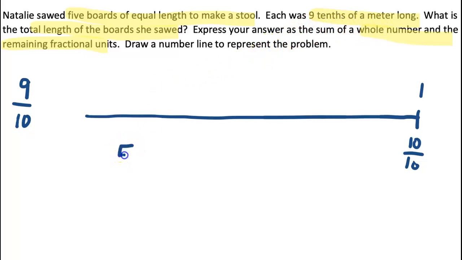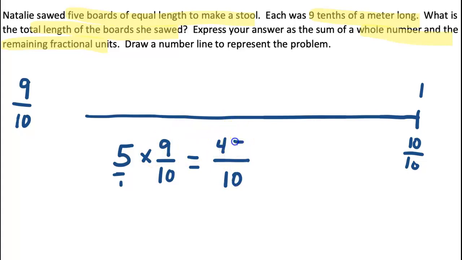So I'm going to say 5 times 9/10. And this looks like what you created in your other problems. And remember, there's an understood 1 right here. Okay, so my denominator is still going to be 10, but 5 times 9 is 45.